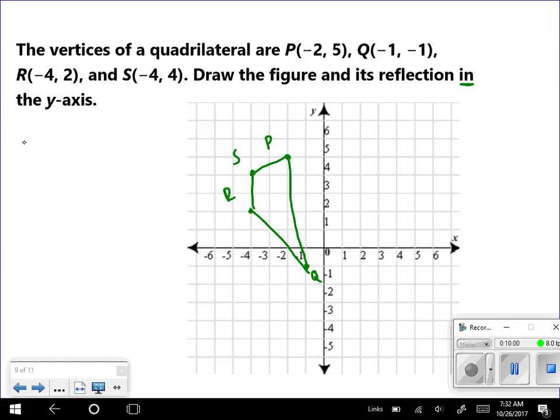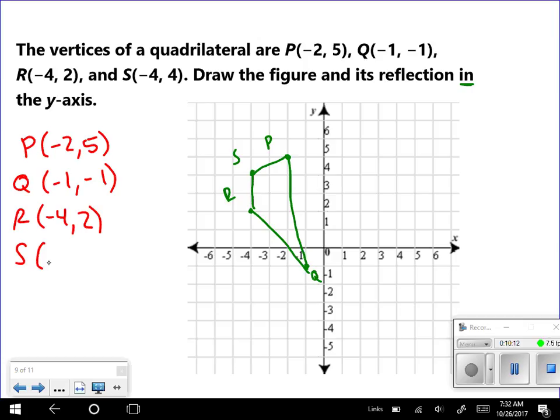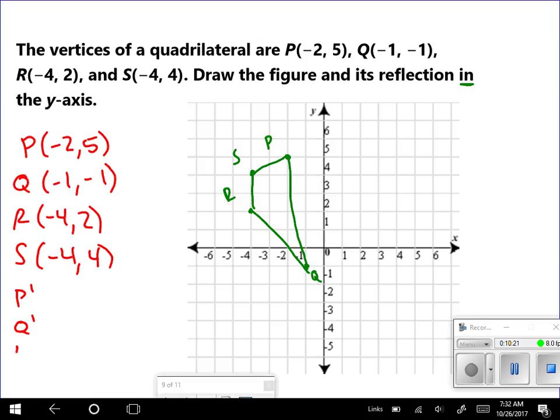Okay, and now we want to reflect it across the y-axis. We're going to take our points here. We have P negative 2, 5. Q is negative 1, negative 1. R is negative 4, 2. And S is negative 4, 4. So I want to find P prime, Q prime, R prime, and S prime.